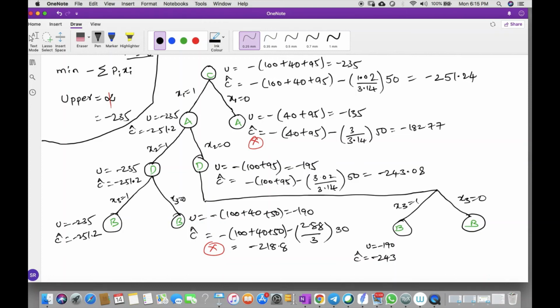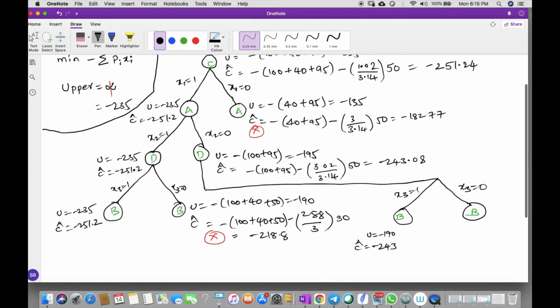But still we cannot kill this node because C cap is lesser than the upper value, and there is no need to update this value because U is minus 190, which is greater. So we did not get any better upper bound, so we cannot update it, and we cannot kill even this node. So let us see the next node, which is x3 is equal to 0.